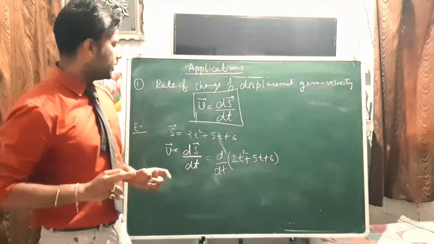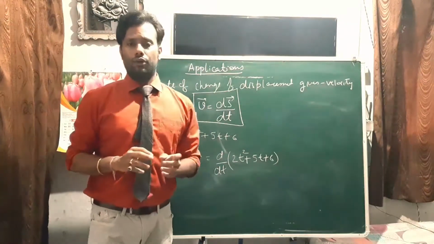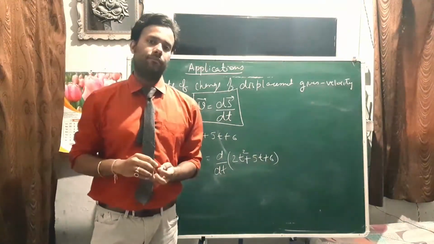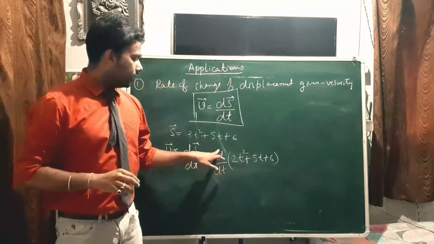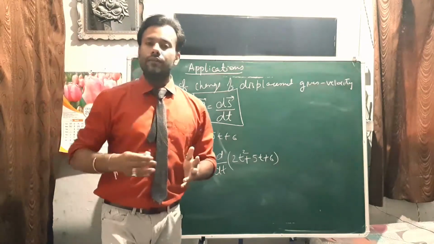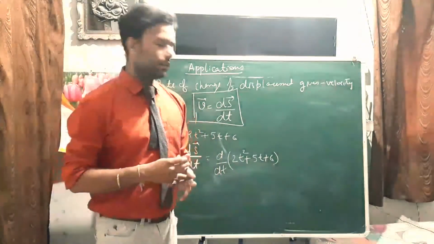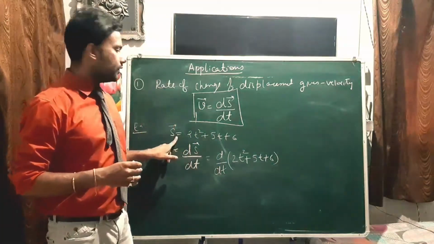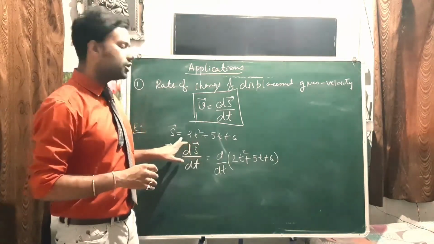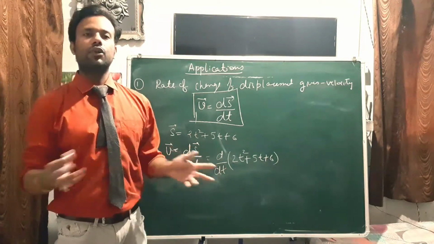Now remember one thing: when I did the formulas, there was dy by dx. Here it is ds by dt. What does it mean? We only differentiate a function, like here the displacement s is a function of time, right? So we will differentiate s with respect to time, not with respect to x.